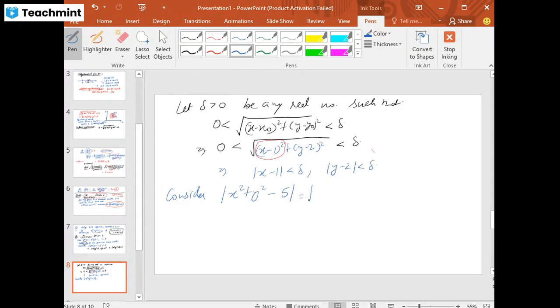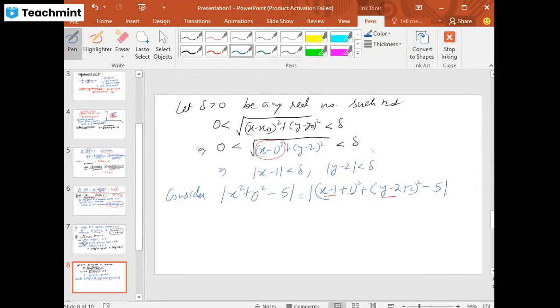So what can I do? I'm going to replace x square as x minus 1 plus 1 whole square, and I can write y square as y minus 2 plus 2 whole square, and this 5 is already there. I am assuming it like a plus b whole square.